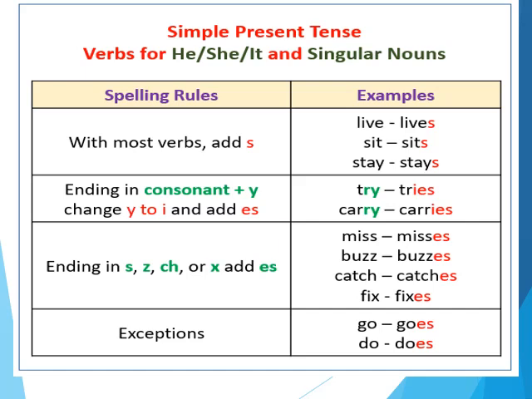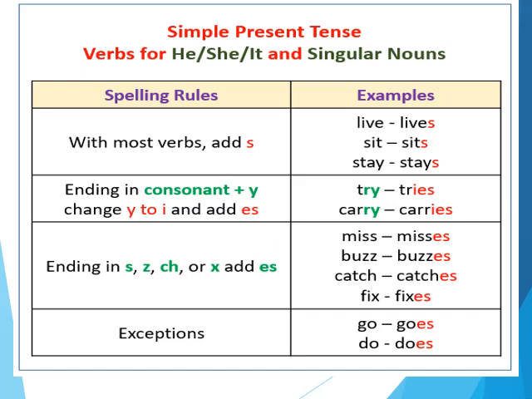Now children, what are consonants? In the alphabets A to Z, all the alphabets except the vowels A, E, I, O, U are consonants. So in the verb given here, try, T-R-Y, try, there is a consonant R before Y. So you drop Y and add I-E-S.